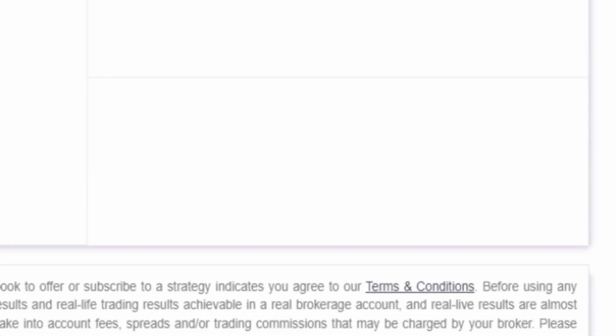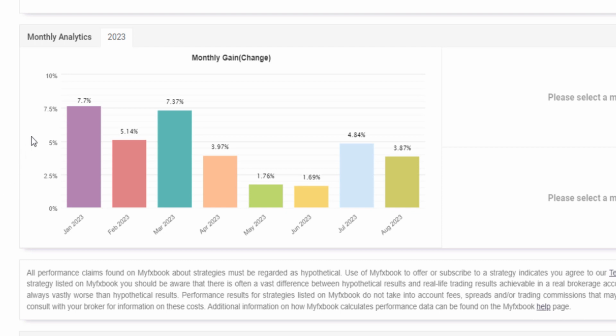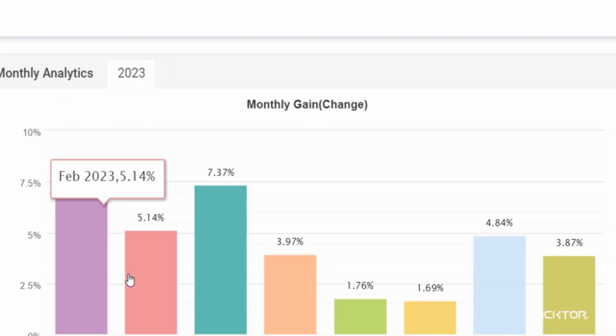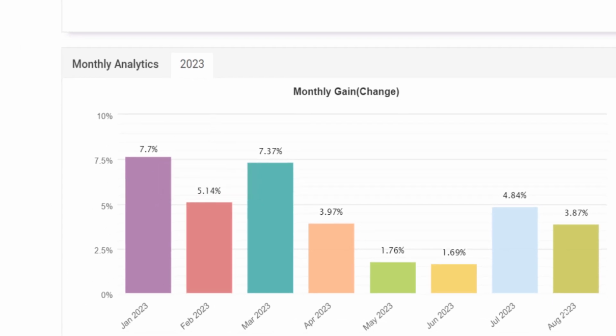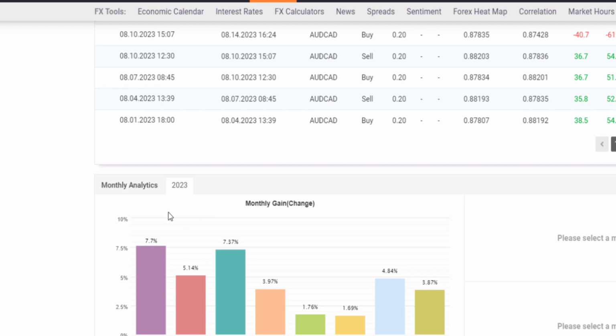So let's go see how the month performed. Okay, in each month, in January we have 7.7%, February we have 5.14%, March we have this result, April this, May and June are the lowest months for this pair, and July came up higher, August a little bit, and September was probably still forming by the time we are loading this.